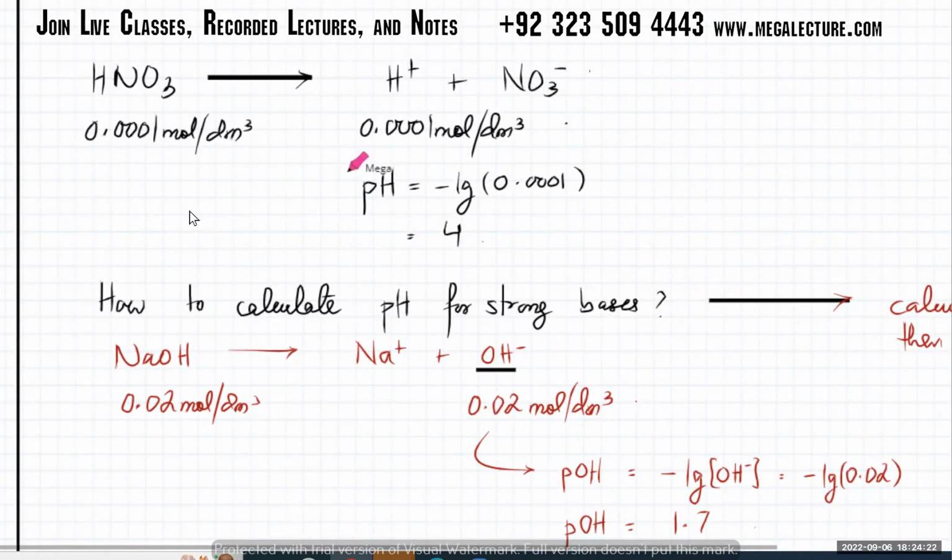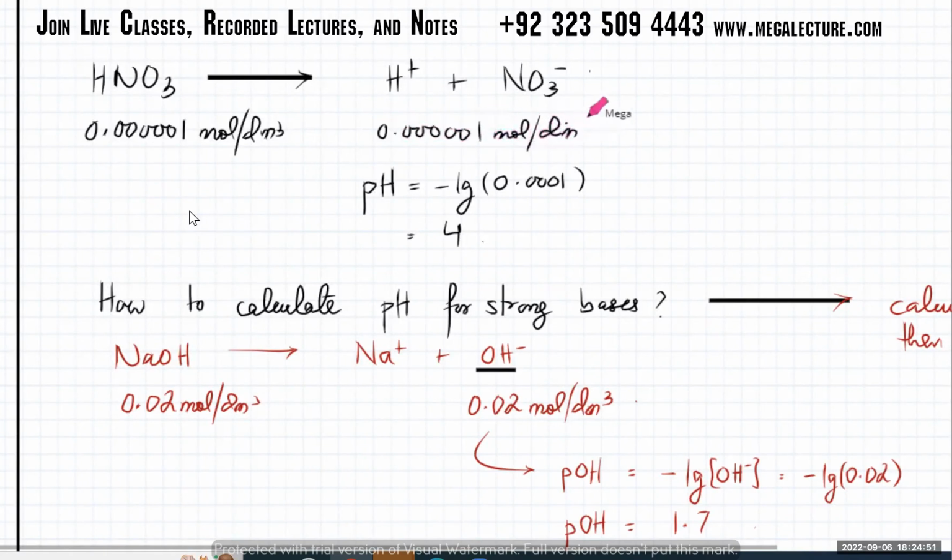If nitric acid has an extremely low concentration, we add two or three more zeros. So if it has a very low concentration, then obviously the H+1 concentration would also be very low. It's going to be 0.0001 mole per dm cube.